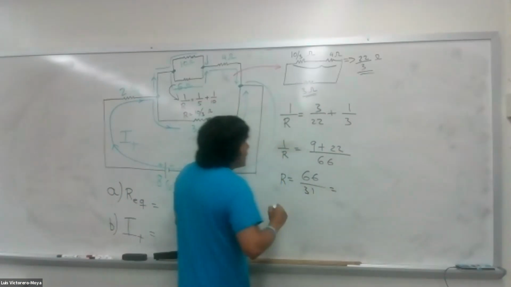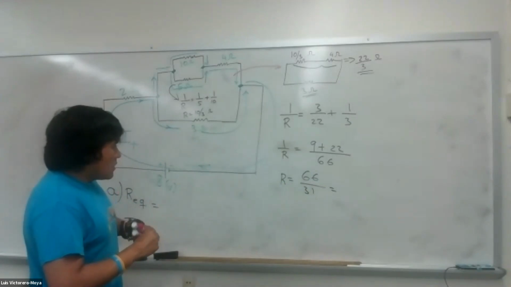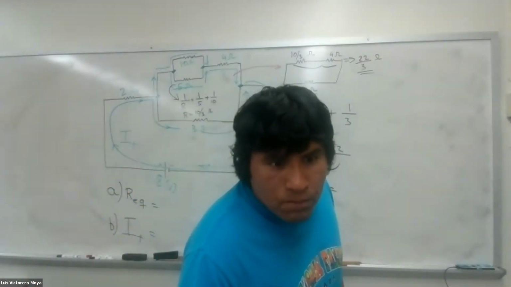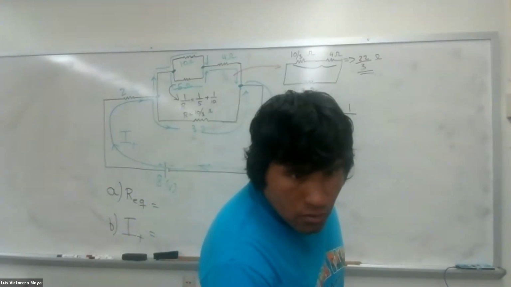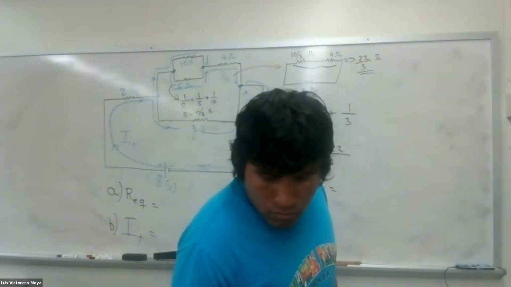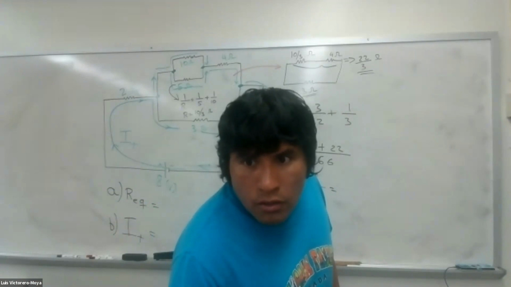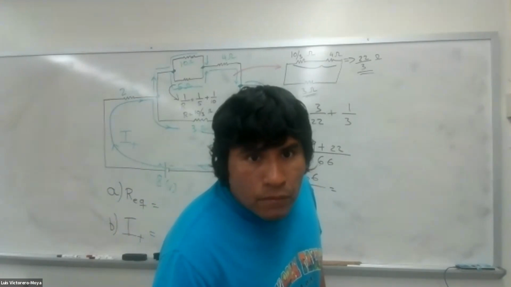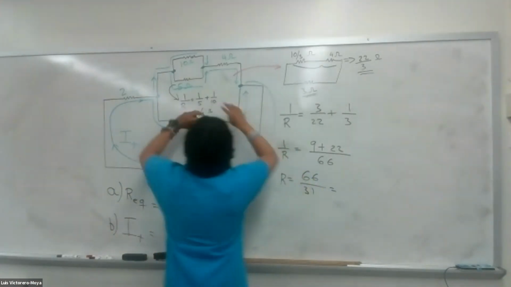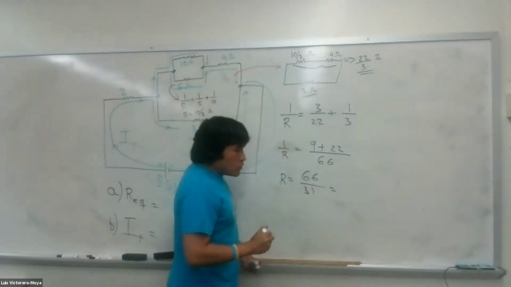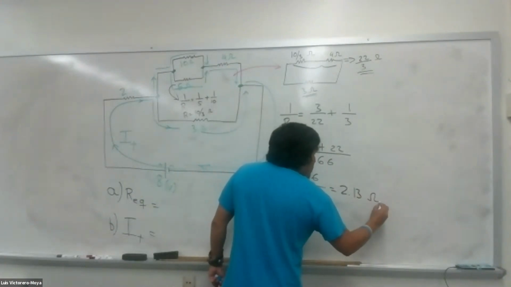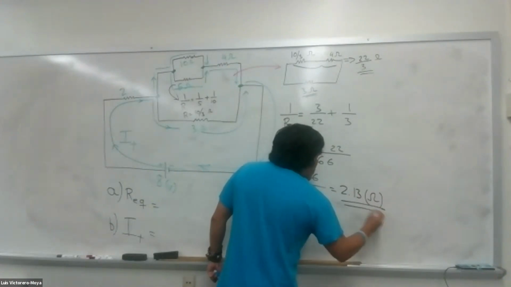At this point, you can estimate that. So let's do decimals now. So this resistance of all this is 2.13 ohms.